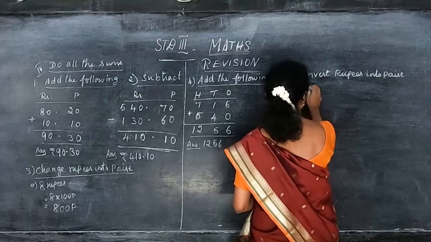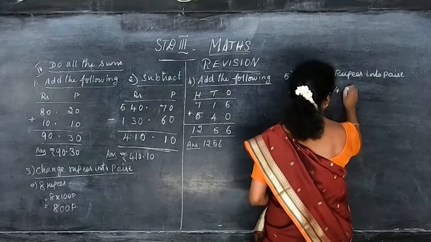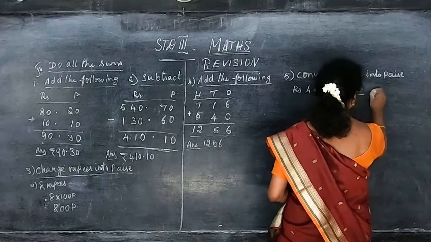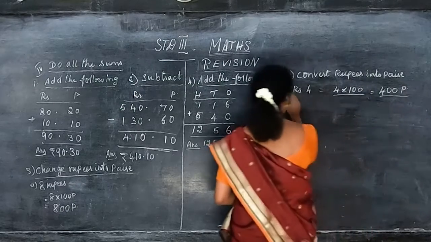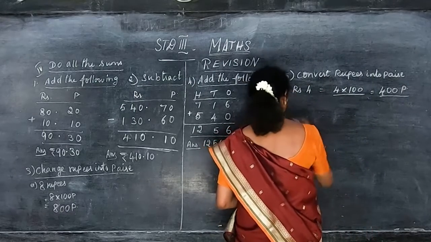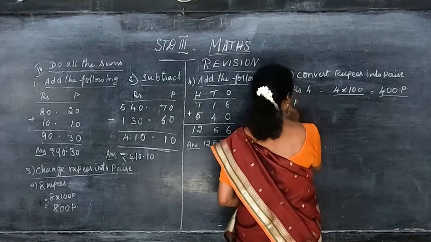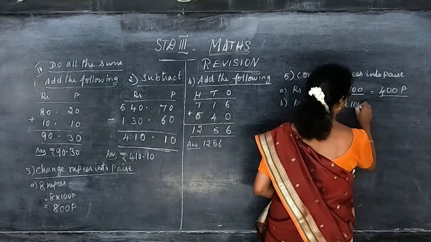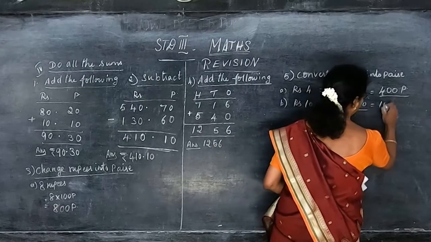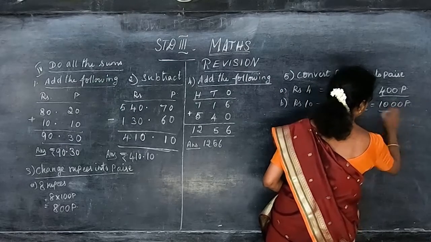First one is rupees 4 is equal to 4 into 100, that is equal to 400 paise. Then B sum, rupees 10, that is equal to 10 into 100, that is equal to 1000 paise.